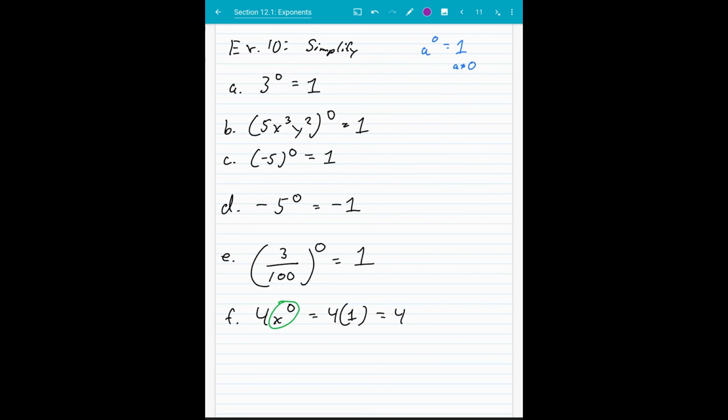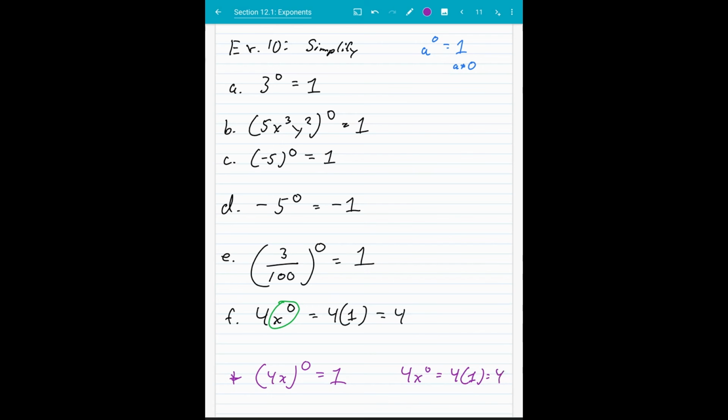So the other example would have been if the entire thing, like this, was raised to 0 power, then that would be 1. But notice this one right here is not the same thing. So it's all about paying attention to the little details. 4x to the 0 power is 1. But if it's 4, then x to the 0 power, we have to apply the 1 first.